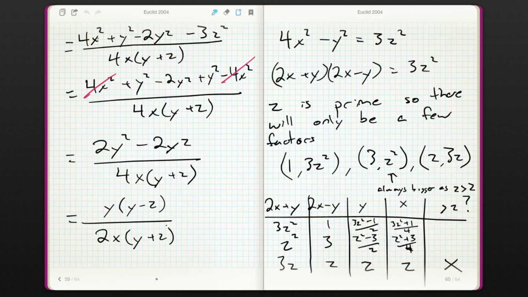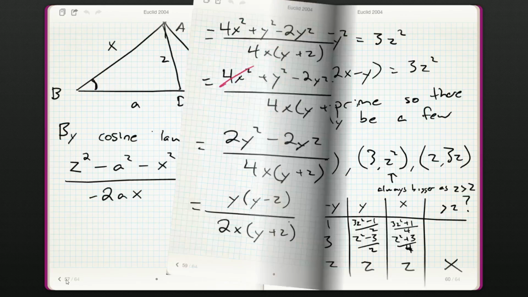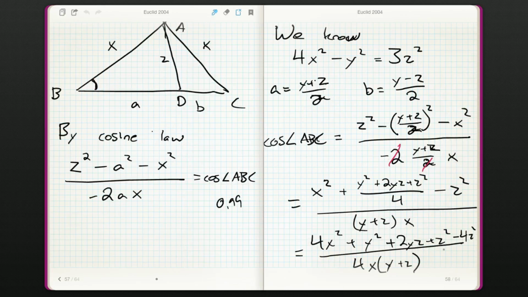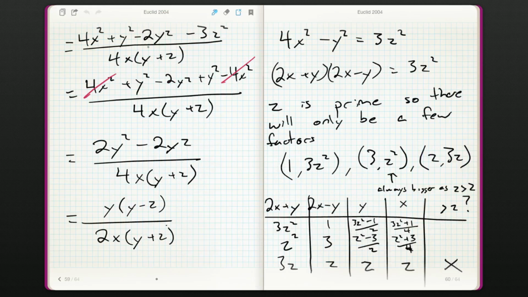But we had an x squared minus y squared here. Where did that minus y squared come from? Oh, that's minus 2yz. This is what I'm talking about.